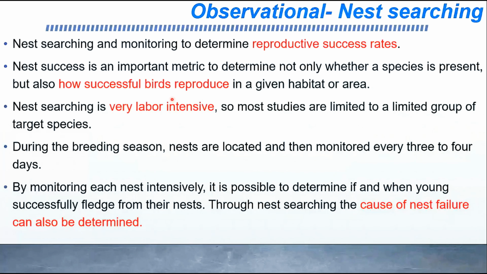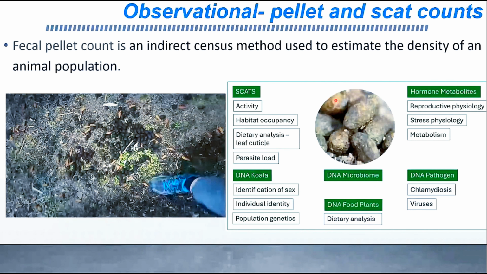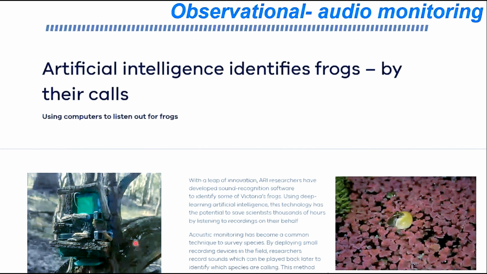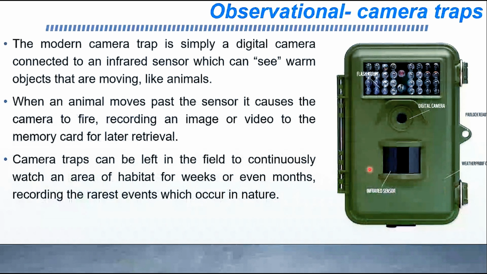Here you have to search intensively for nests, going into areas you cannot reach easily. But here it becomes very, very easy. Just once you put this instrument, and it can record calls for 15 days or even 30 days. You go back the next time, take out the instrument, bring it to the lab, and you can just sit in the lab and get the number of species in that particular area.